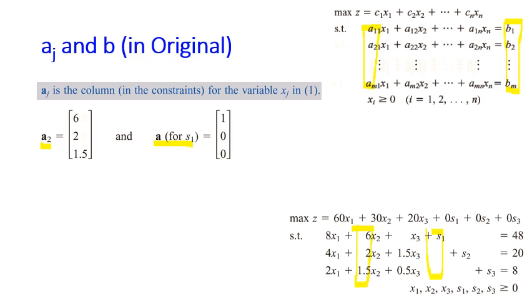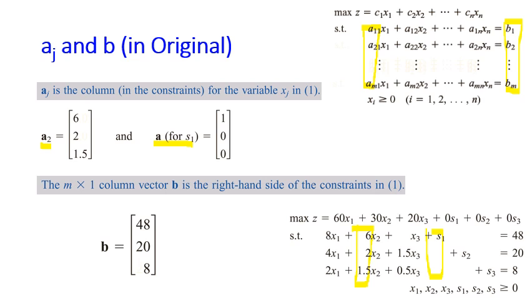Okay, so a_j simply means the column of the constraint part for variable j. For small b, it is the vector that shows all the values in the right-hand side of the constraints. So here in the Dakota problem, we have b equals 48, 20, and 8.